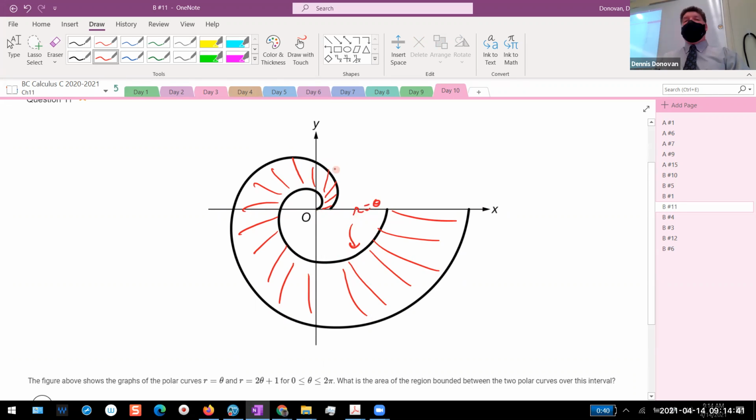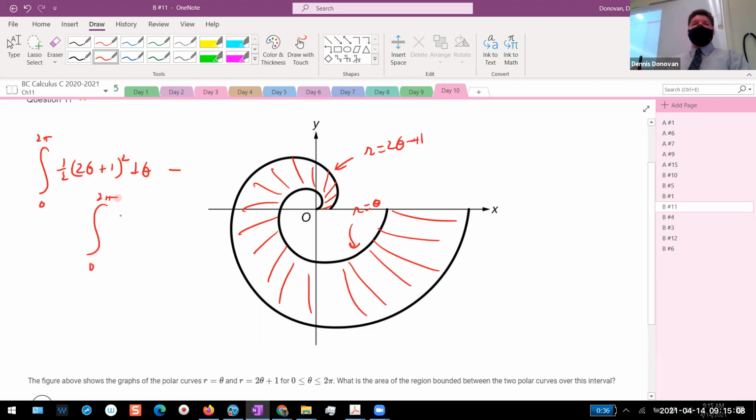This curve is r equals 2 theta plus 1 because that's the one that starts at 1, or at least it looks like it's probably 1. Certainly not 0. So integral from 0 to 2 pi, 1/2 outside curve, 2 theta plus 1 squared d theta, minus integral from 0 to 2 pi, 1/2 theta squared d theta.